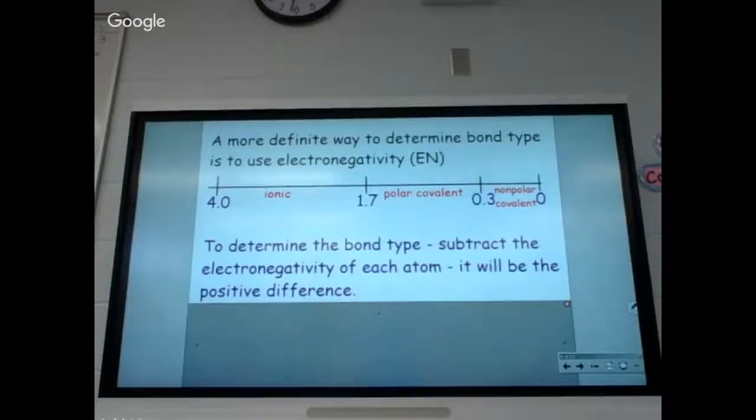We're struggling with the intercom system. We subtract the electronegativity of each atom, and it will be the positive difference.